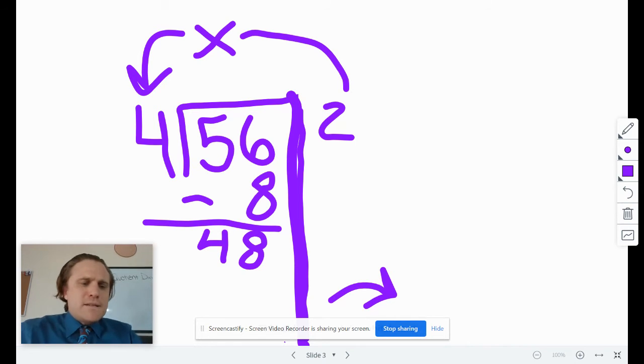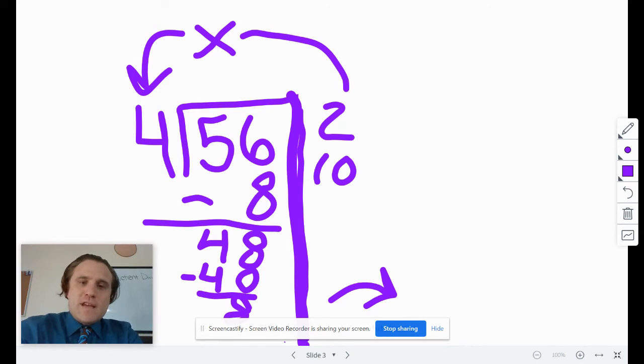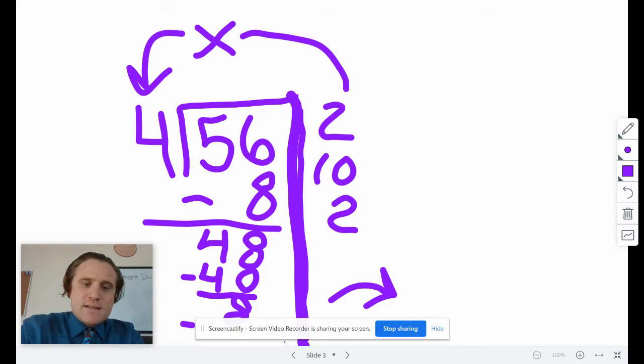Now, let's jump a little bit ahead and assume that you know your fours and simple multiplication problems like 4 times 10. So now we have 40, and that's going to leave us with 8 once we subtract. And then once again, we can use our 2. That'll give us 8 as well, and we subtract and get 0. Now I'm going to add all of these up.